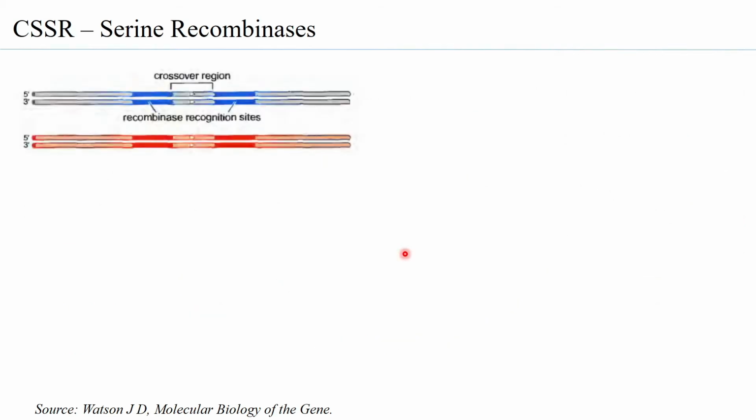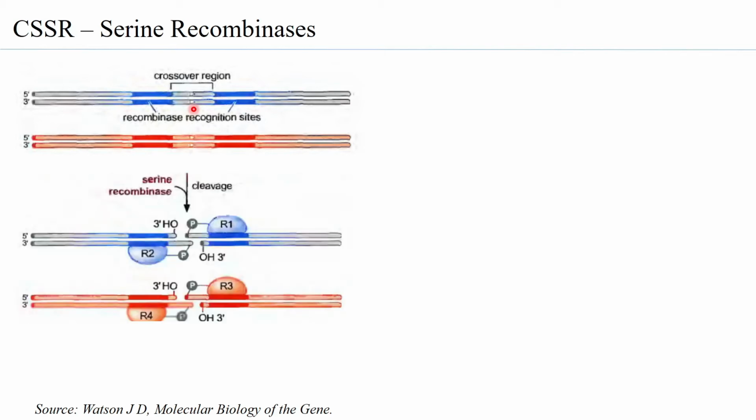Now let us look at the entire mechanism by which the serine recombinases function. You can see here the recombinase recognition sites and the crossover region in between. You must understand that when the recombinase cuts, you will always have a staggered end, with only two nucleotides or one nucleotide staggering, not more, unlike what you observe in restriction endonuclease cuts.